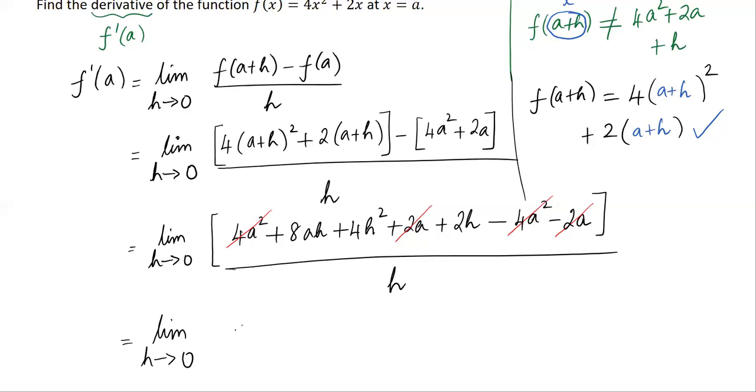You should always factor out an h. You can also factor out a 2, but it's okay because there's one more step where we have to apply the limit. So I'm only focused on the h. So I have h times 8a plus 4h plus 2 all over h. There were only 3 terms left up there.